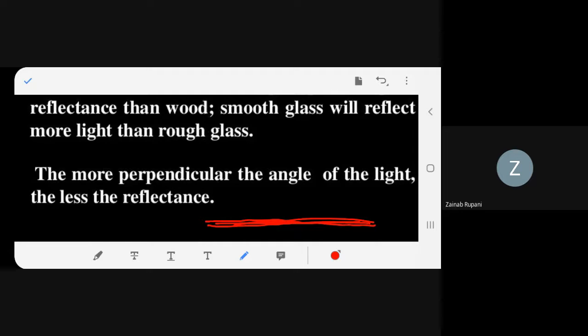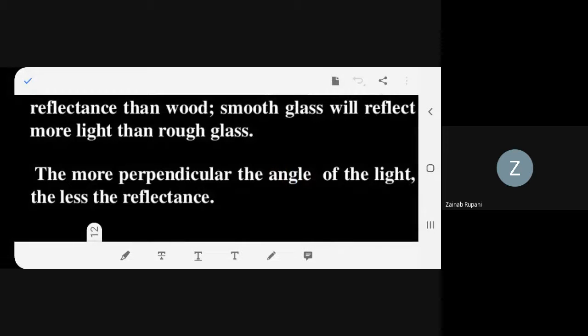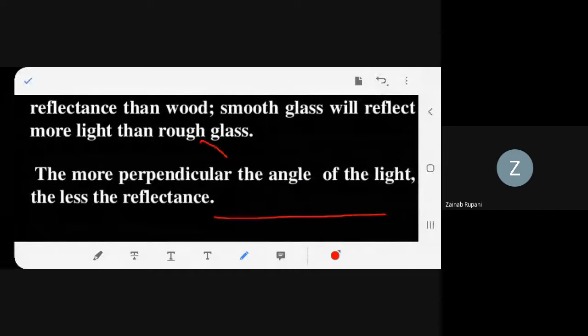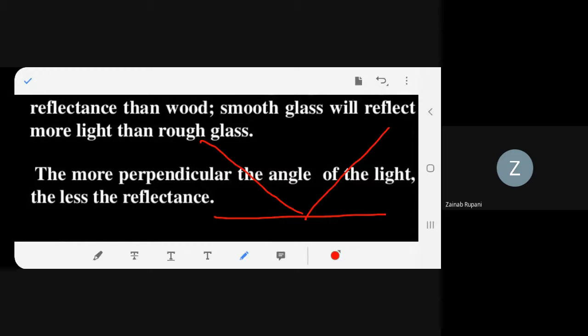If the angle of light is almost perpendicular, which is 90 degrees, then obviously reflectance will be less. If it is like this, then the angle of reflection will be more. You understand? Yes, ma'am.